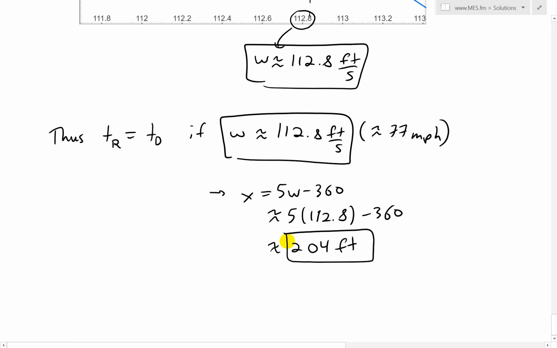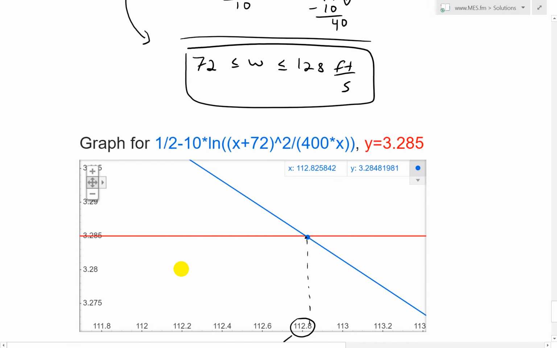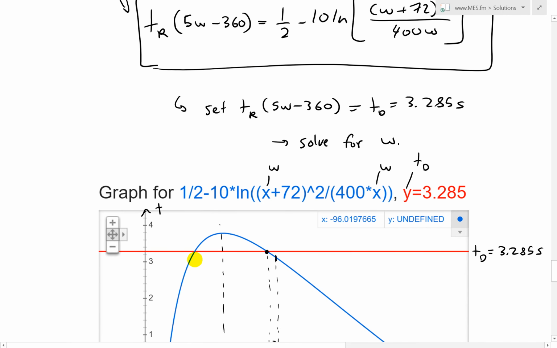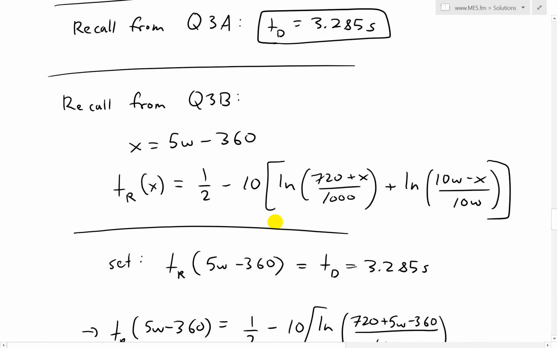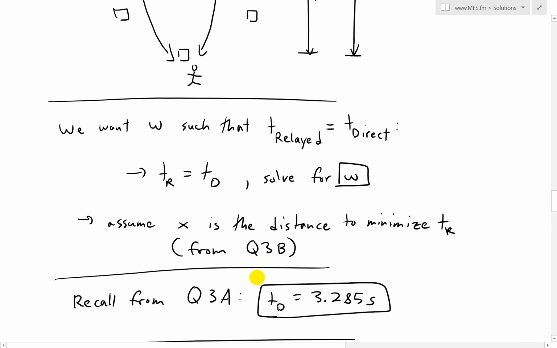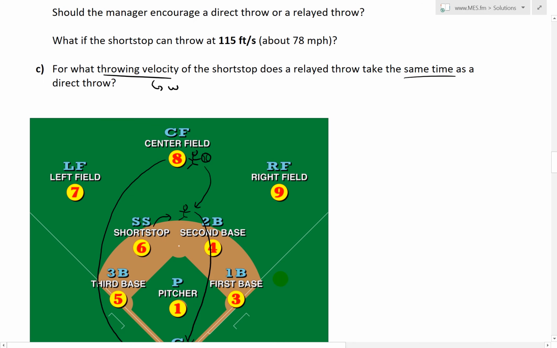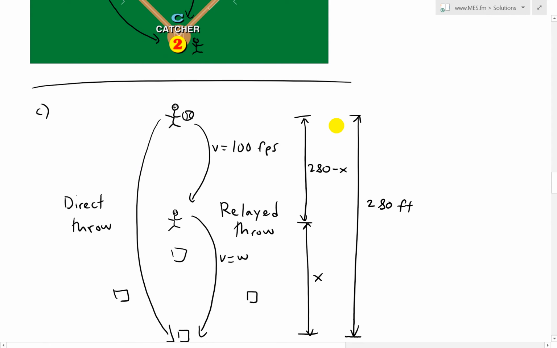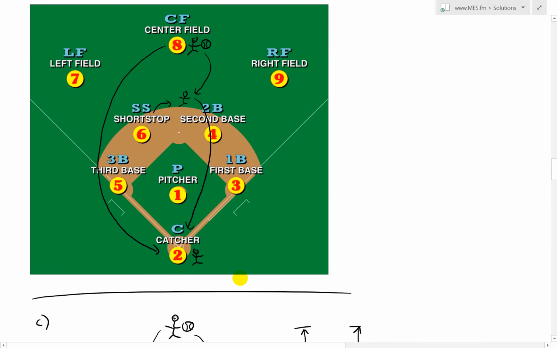Anyways, that is all for today, if you learned from this pretty extensive example question of part C of question 3. And that's the conclusion of this applied project, which I've gone over in my other videos, which is pretty in depth and goes over the physics of calculus, which is quite complex for even such basic things as relay throw or direct throw.